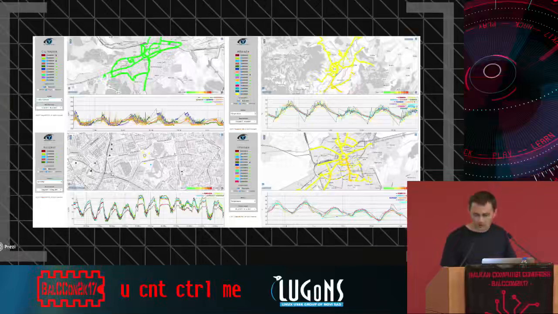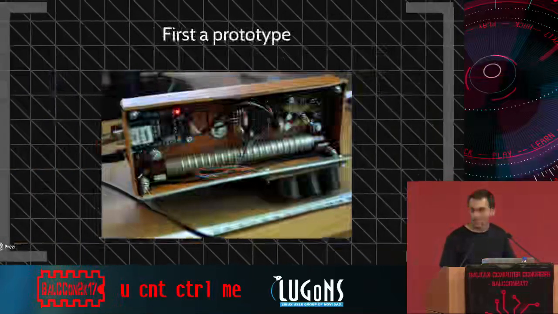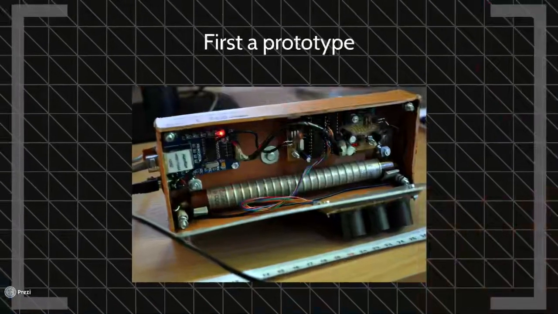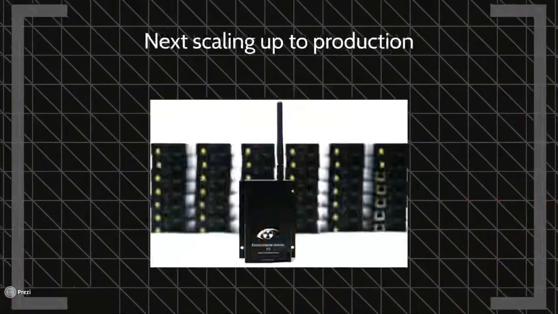But before we get to fancy stuff like the charts on screen, we had to take it step by step. So at the very beginning, I just built a prototype. It was with flying cables, just some test board with a few through-hole components. But the idea is that it worked. And then I decided the next step is to put it into production.